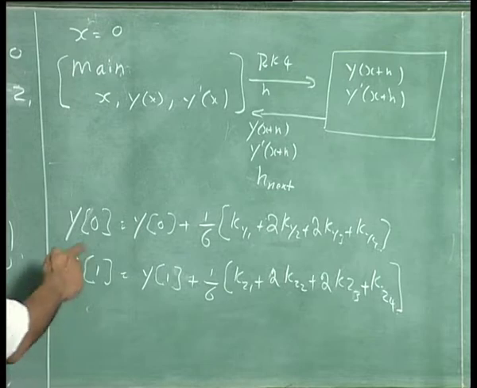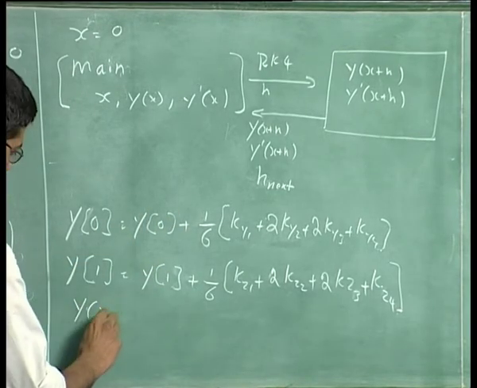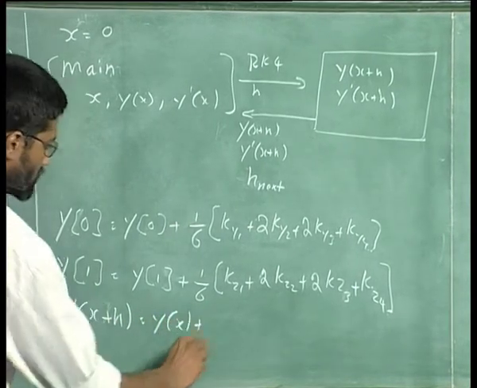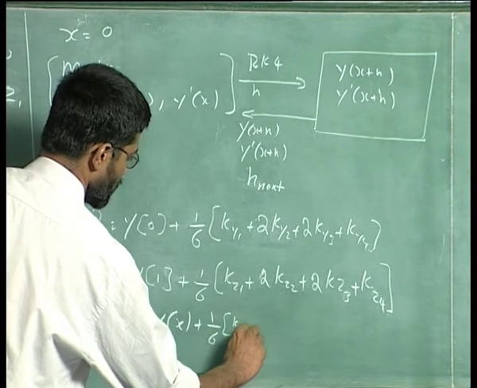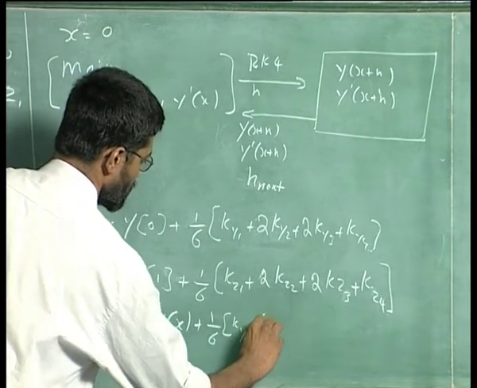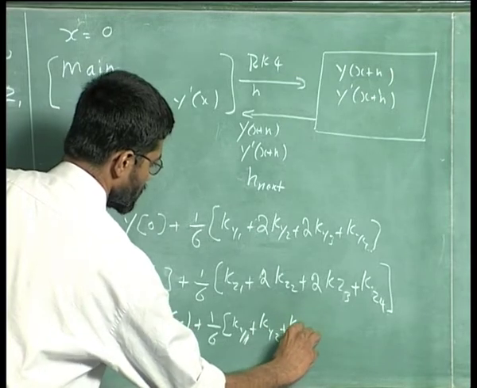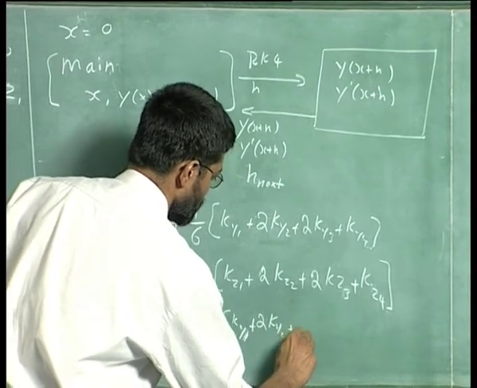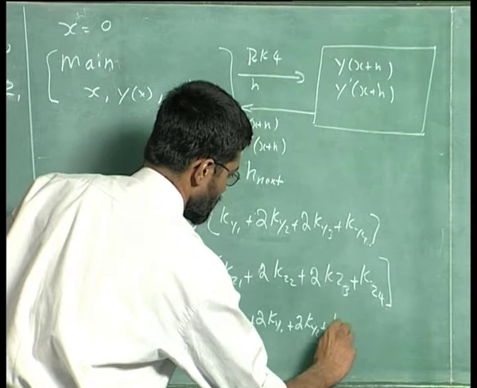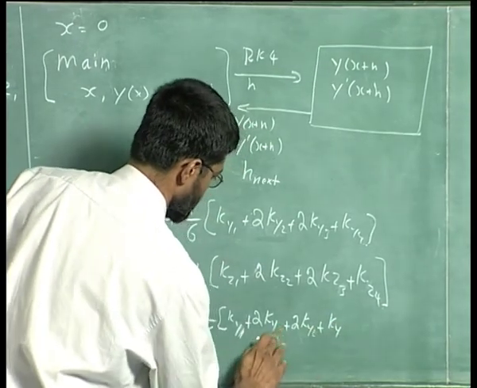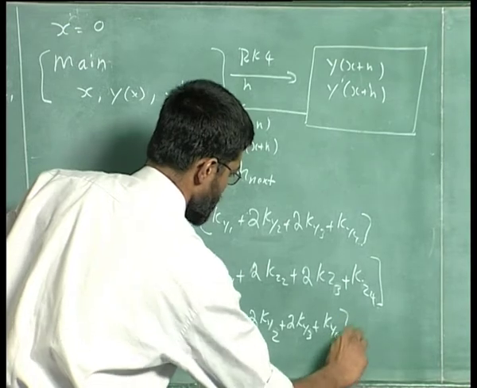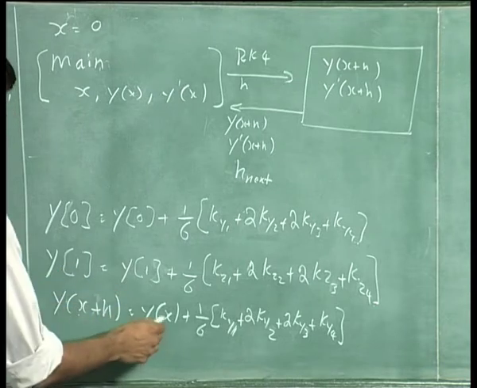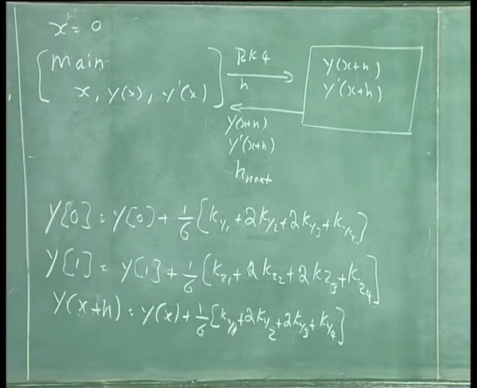So we are using y at x plus h as y at x plus 1 by 6 times ky1 plus 2ky2 plus 2ky3 plus ky4. That's the kind of scheme we are using. So to go to x plus h we need y at x. Similarly for z.